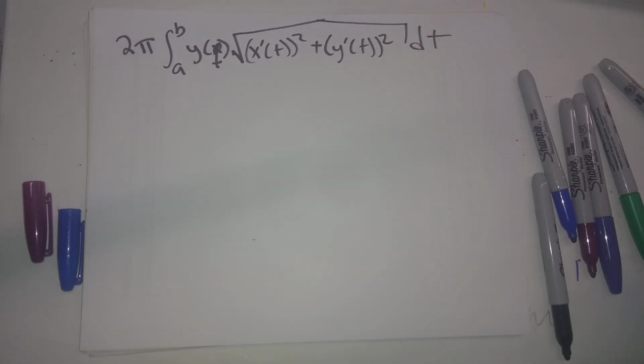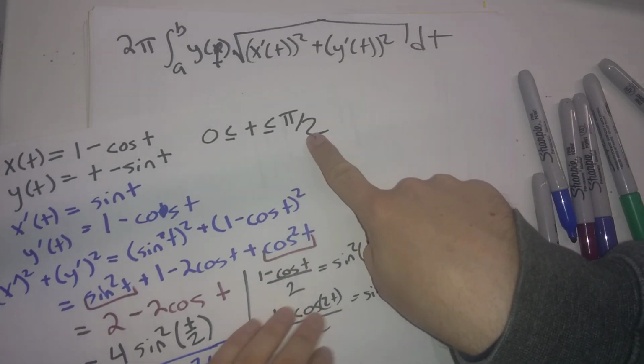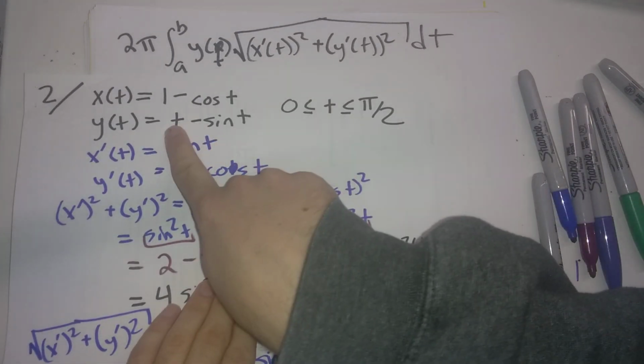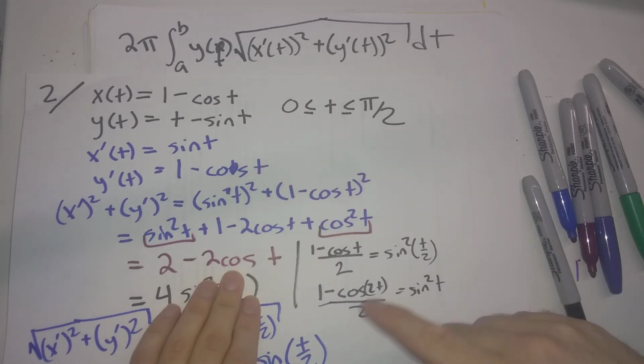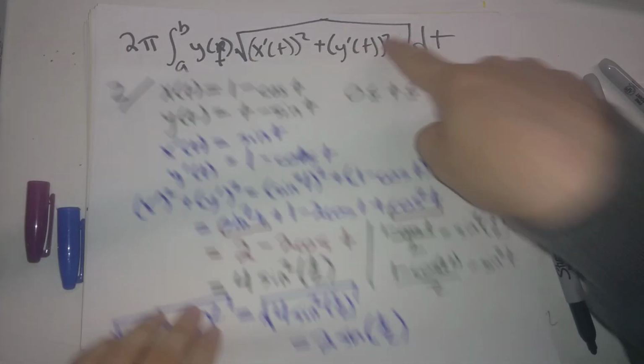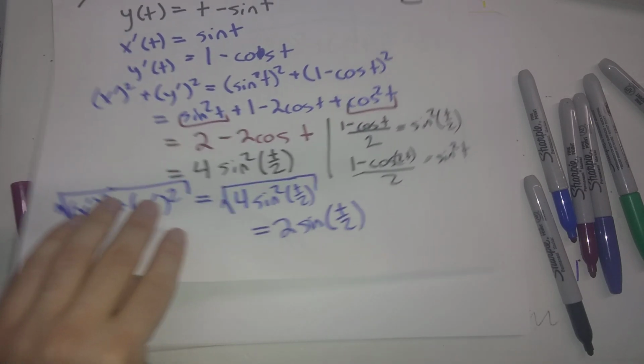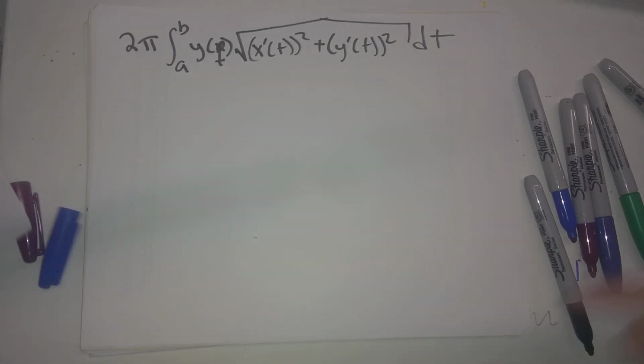And so in this case, a is 0, b is pi over 2, y of t is t minus sine t, and this square root simplifies down to 2 sine of t over 2.